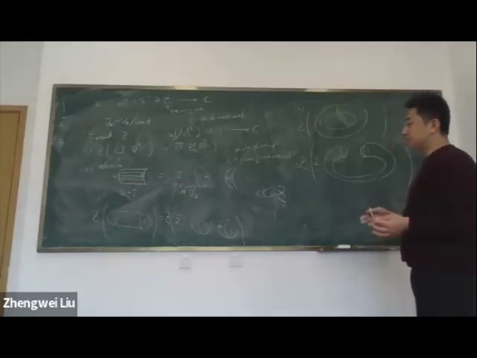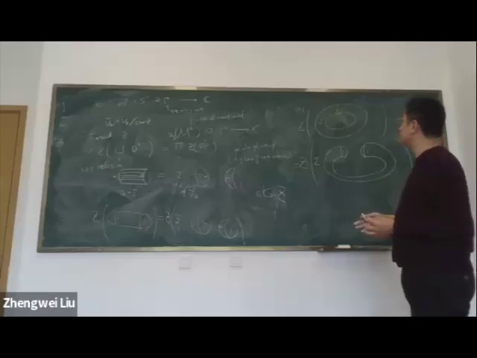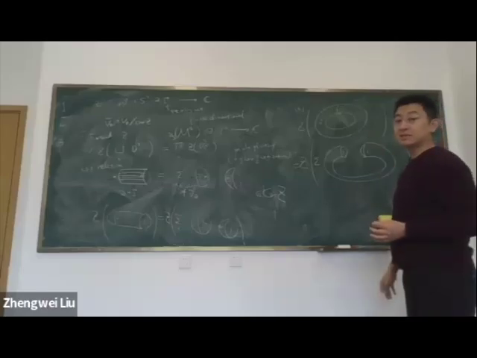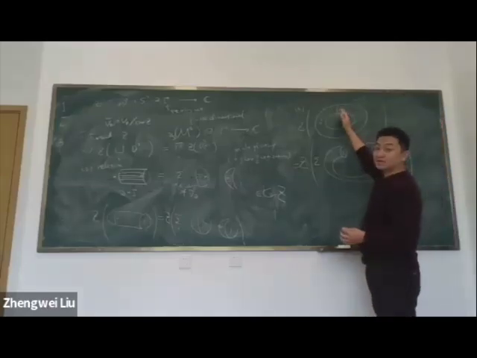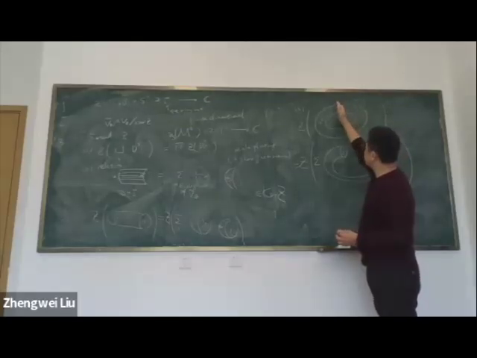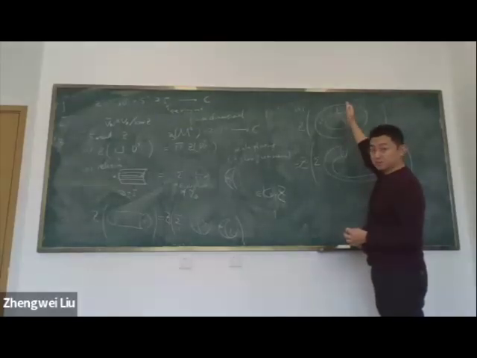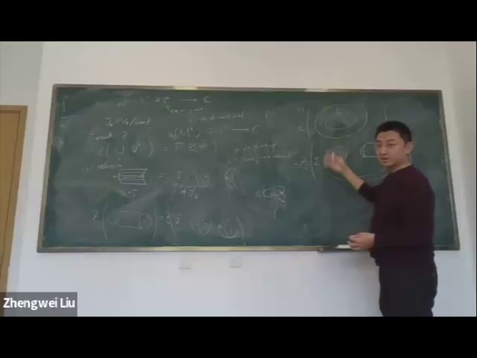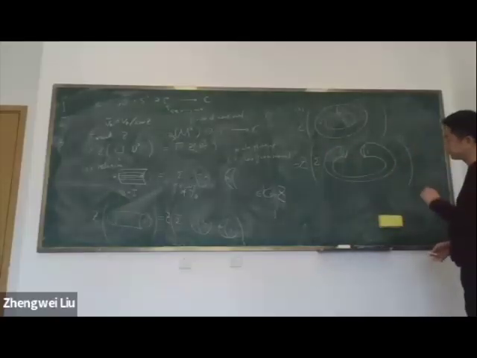And then again, it's non-trivial to see this is independent of the place we cut it. Okay, we cut it here, we can also cut it here, or maybe even both. And we need to show they eventually contribute to the same value.